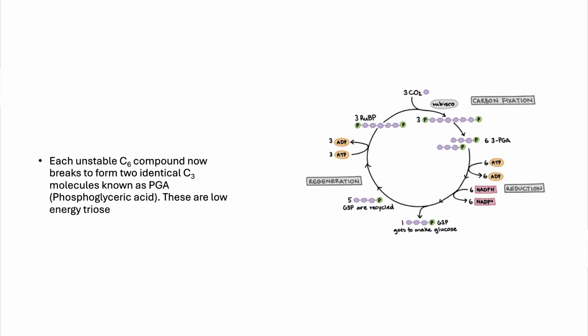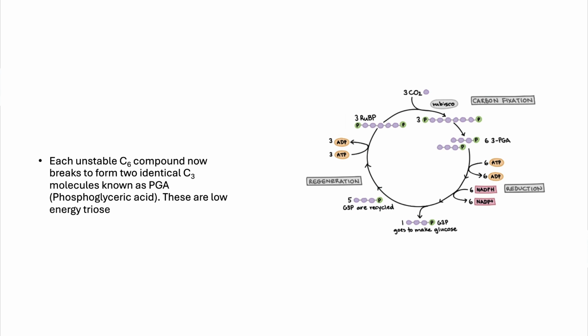So remember, we had an initial C5 compound already in the stroma, ribulose bisphosphate, or 1,5 ribulose bisphosphate. It has a phosphate attached to the first and the fifth of the carbon chain.